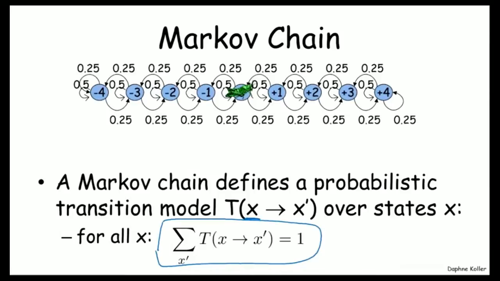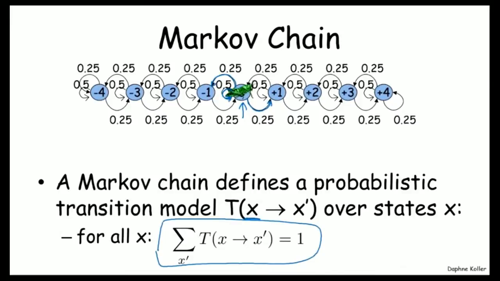So, for example, if in this case we have our little grasshopper who starts out at state 0, we can see that it has a probability of 0.25 of transitioning to the right, a probability of 0.25 of transitioning to the left, and a probability of 0.5 of not making any progress and staying exactly where it is.